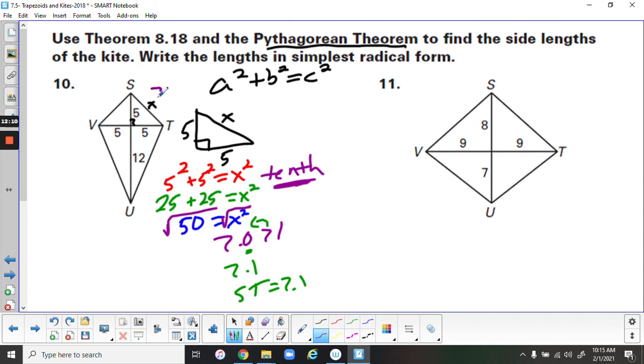So let's see here. 7.1 there, 7.1 there. Now we need to do the big triangle on the bottom. So we've got this one, and we've got 5, 12, and we'll call that y.